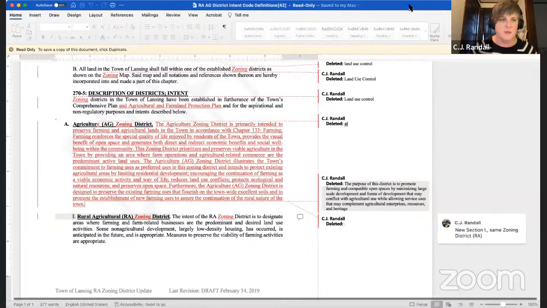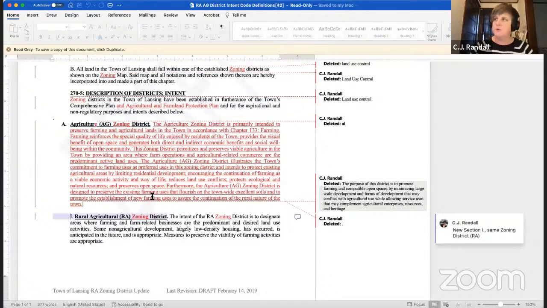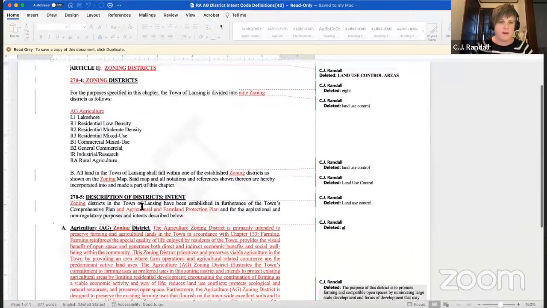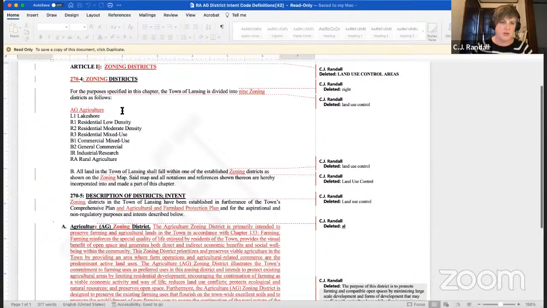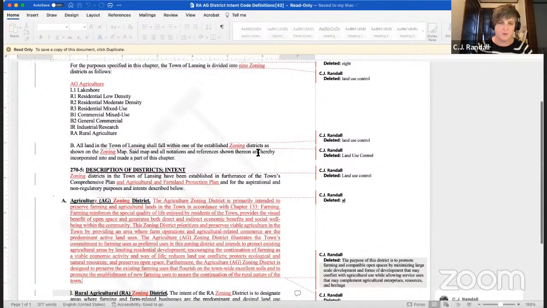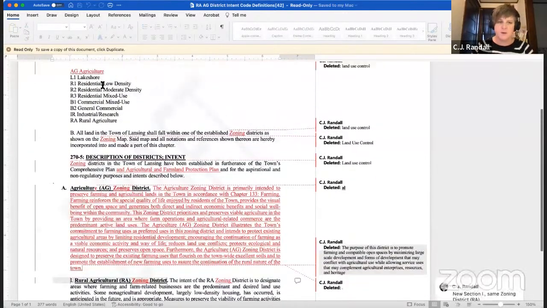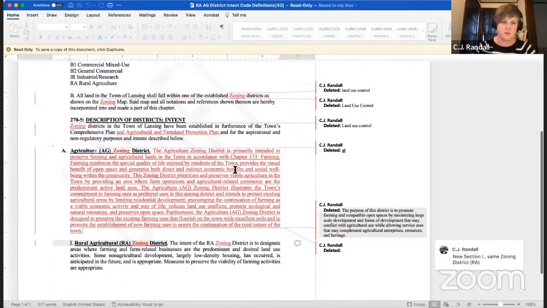So with that, this was included in the packet recently, and this is just to give a sense of what's changing here, which is the addition of a zoning district, the agricultural zoning district. This is notable, but there is some semantics here of whether it should be called the agriculture or agricultural zoning district.